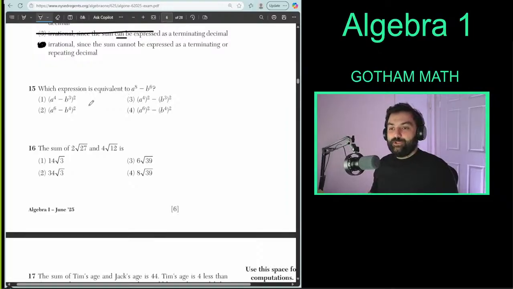Okay, which expression is equivalent to a to the 8th minus b to the 6th? Well, for that, you just need to know how power in a power works. Power in a power is when we multiply powers. And just by looking at those, I can see that the answer is going to be a 3.